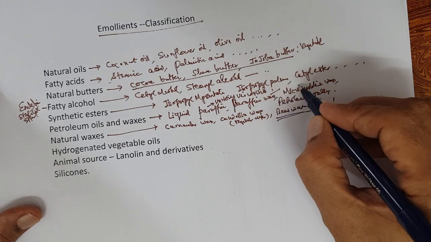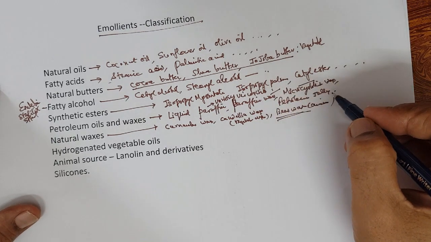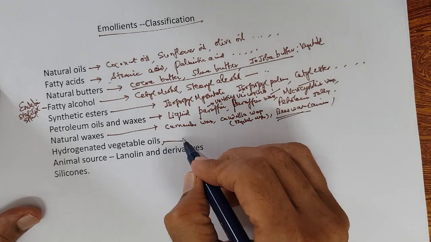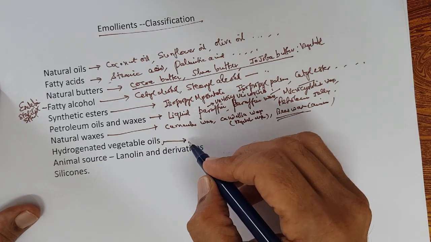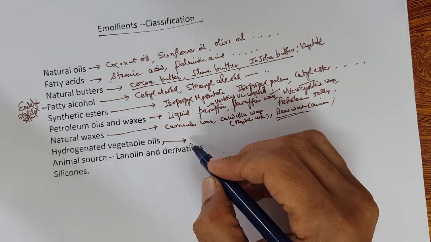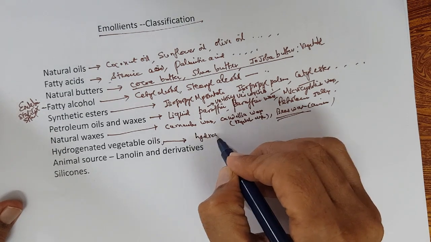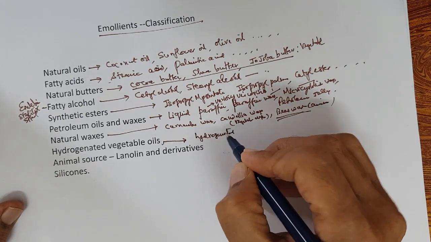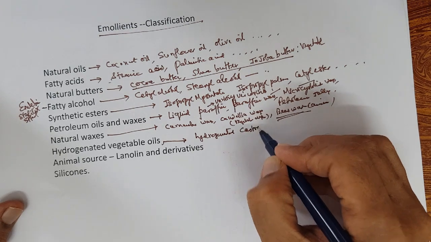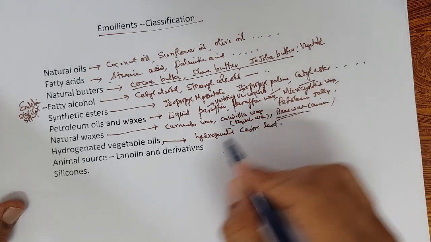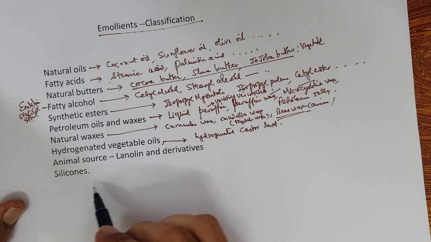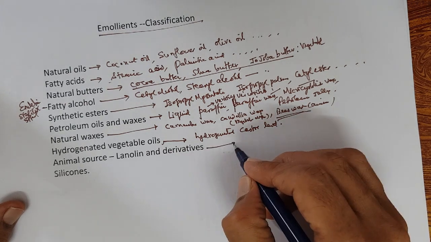And again, paraffin wax, microcrystalline wax, petroleum origin. Hydrogenated vegetable oil, the mostly used hydrogenated vegetable oil is hydrogenated castor oil, which is highly used. Animal source: lanolin and its derivatives.